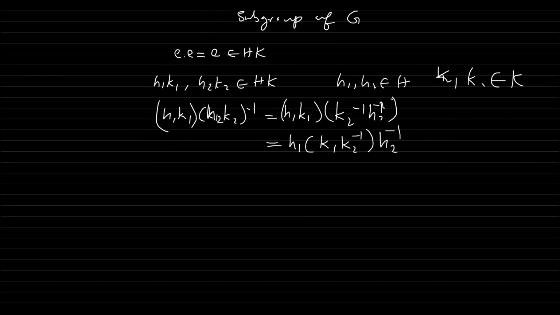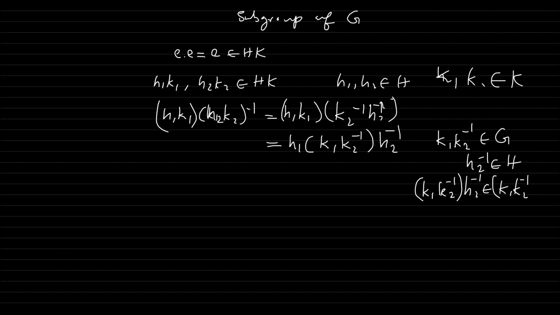Now K1 K2 inverse is an element in G, and H2 inverse belongs to H. Therefore, K1 K2 inverse H2 inverse is an element in the left coset K1 K2 inverse H, right?